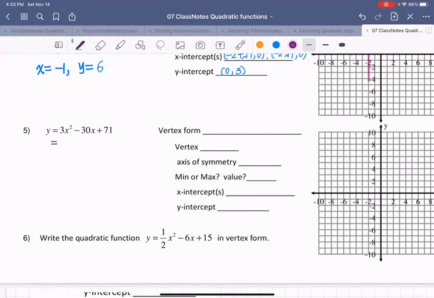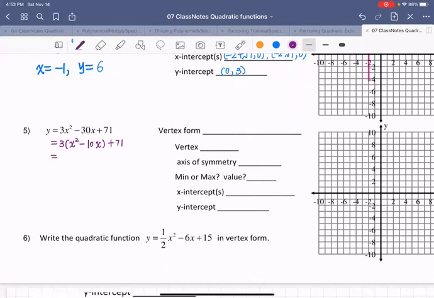Vertex form. How do we do the vertex form? We need to complete the square, right? So we have 3 times x squared minus 10 times x, 10x, in parentheses, and then plus 71.